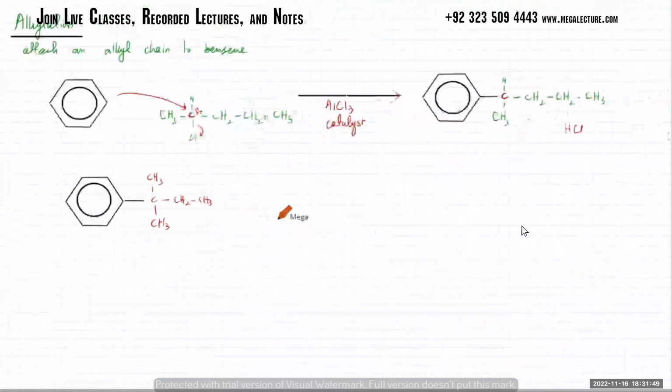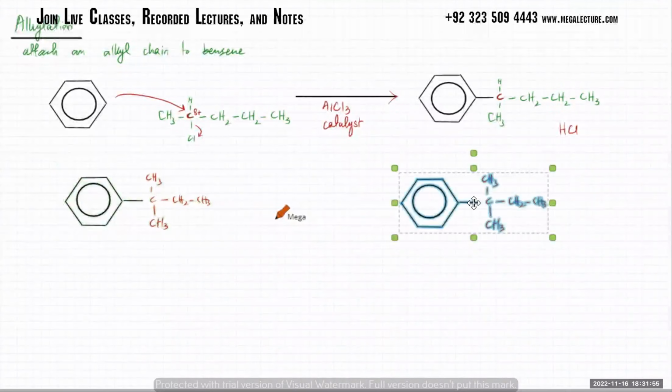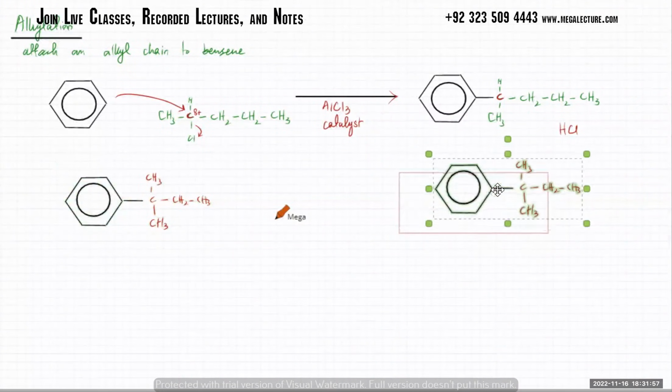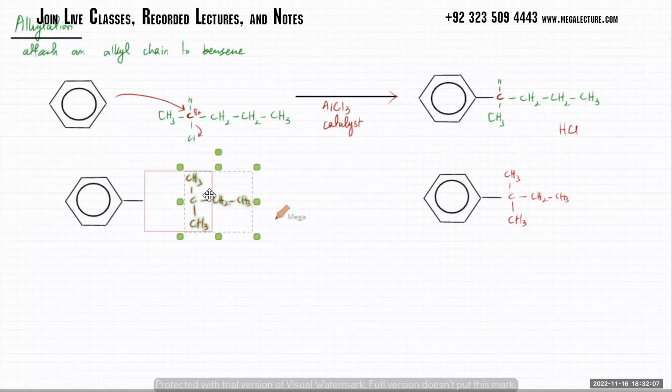So let's say they already gave you the product. Then you have to identify the reagents. What are the reagents that are needed to make this thing? This is the compound that we are trying to make. So obviously it's this thing that got attached to it. Which carbon got attached? It's the one over here.